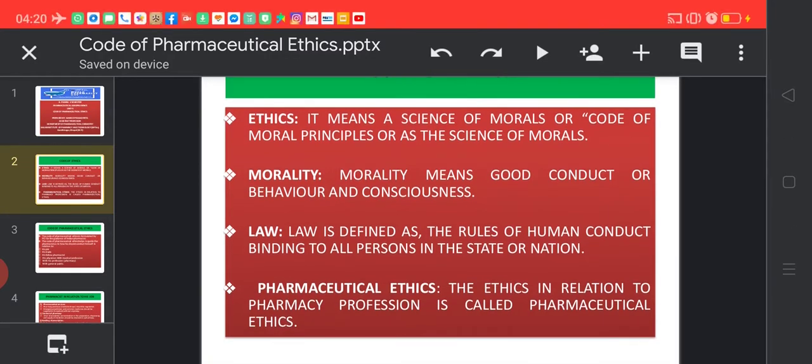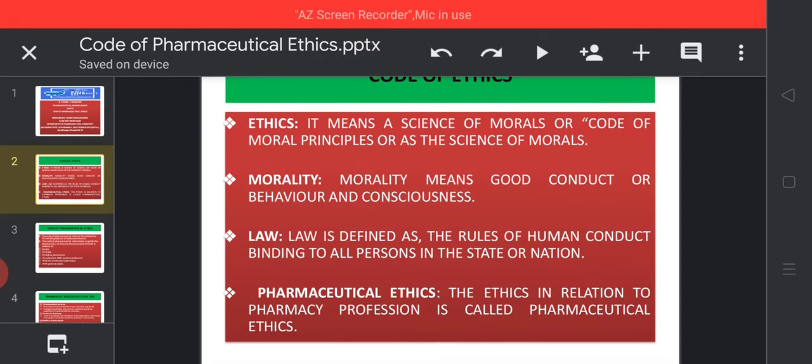Pharmaceutical ethics. नाम से समझ में आ रहा है कि ऐसा एथिक्स, ऐसा मोरल साइंस, moral principles which deals with what? Which deals with pharmacy, which deals with pharmacy professions.